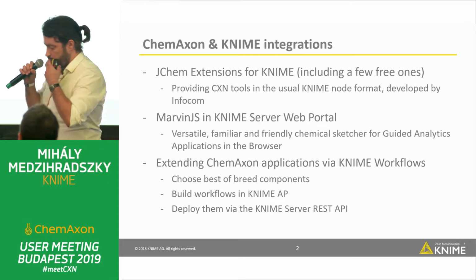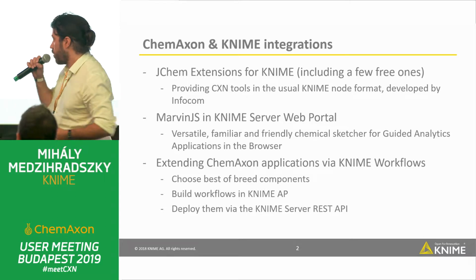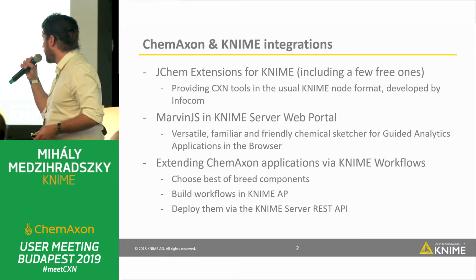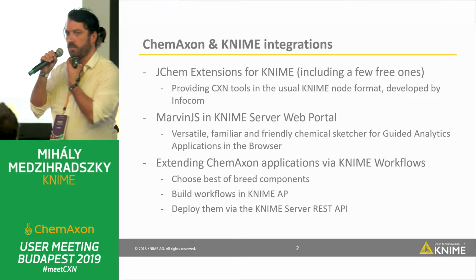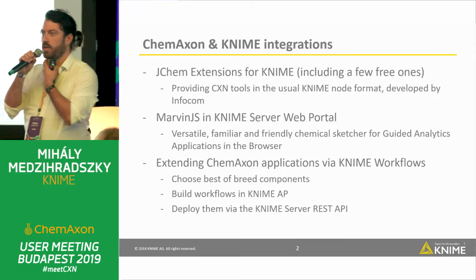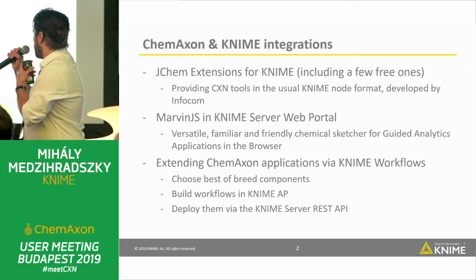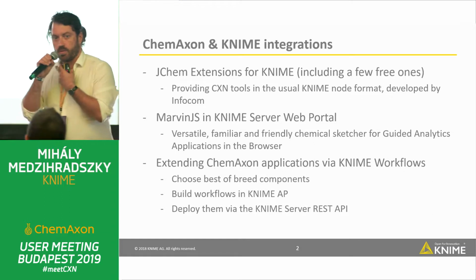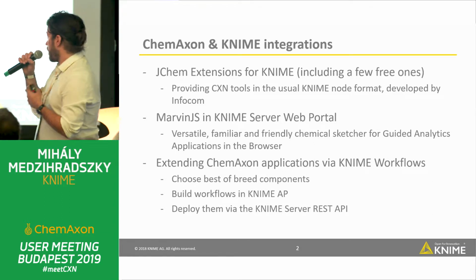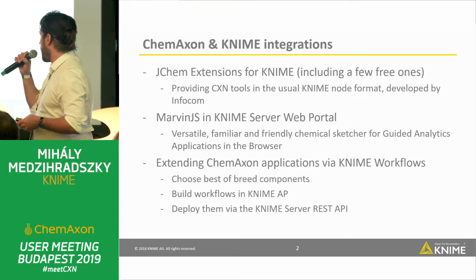And the other topic, which I think is actually somewhat more interesting, is how you can extend ChemAxon applications via KNIME workflows. There was a workshop in Birmingham, which Akos did, just a couple of weeks ago, and we did a quick example of how you could use a KNIME workflow to extend the functionality of Marvin Live there.